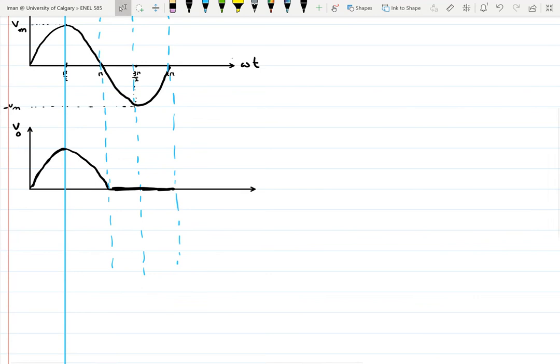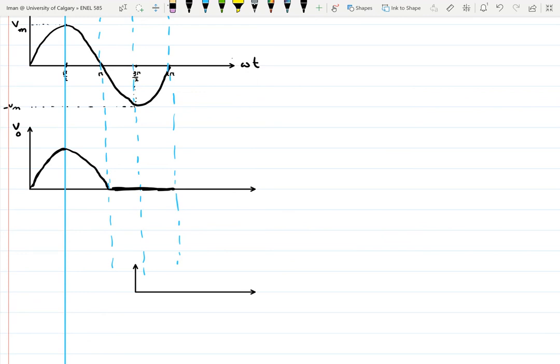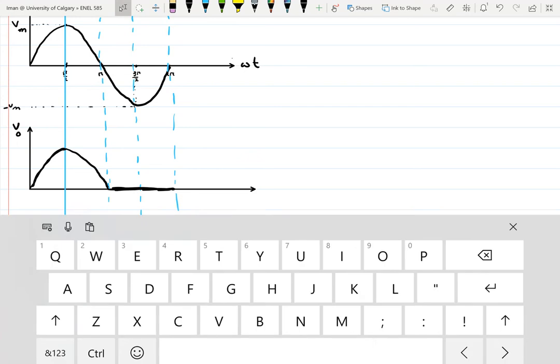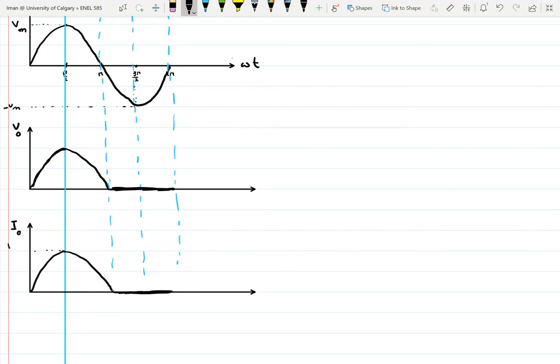And so let's draw another graph. So my I out would be again the same thing. So half sinusoidal here, and then for the rest of the interval it would be 0, and here I would have Vm divided by R.